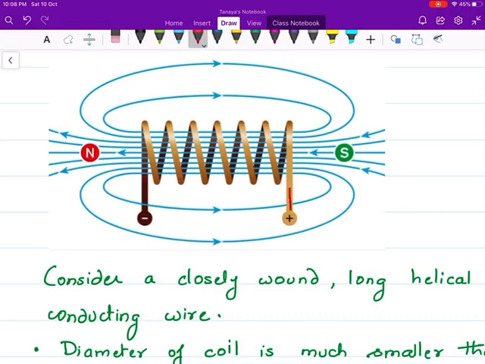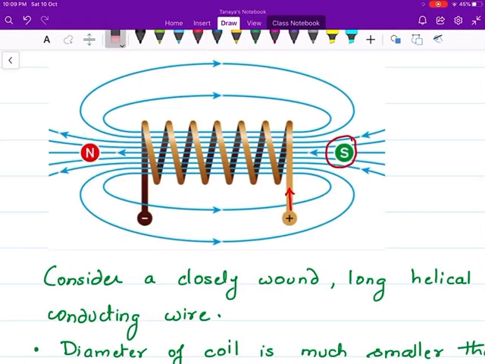Like in this case, the current is flowing in this direction. So the current is flowing through all the turns, because of which this solenoid will start acting as a bar magnet with the north pole on this side and the south pole over here.